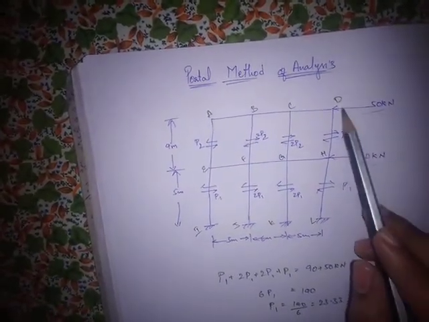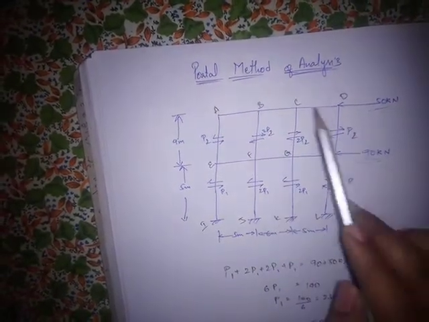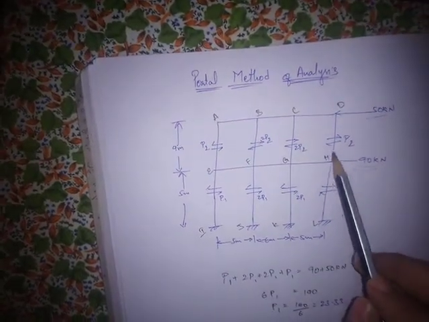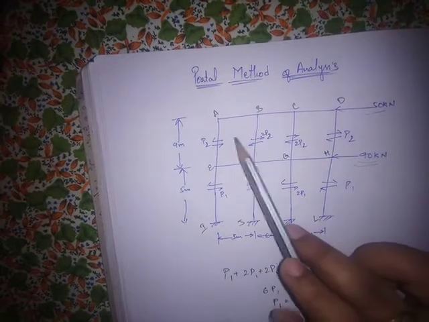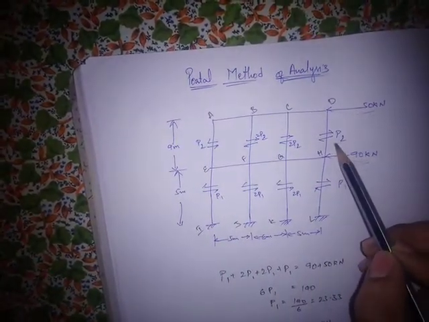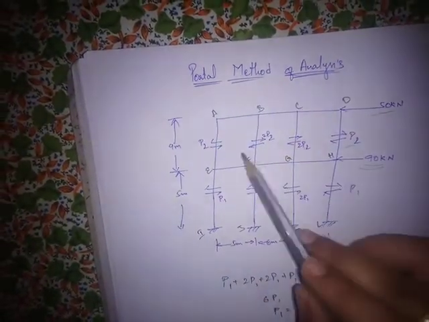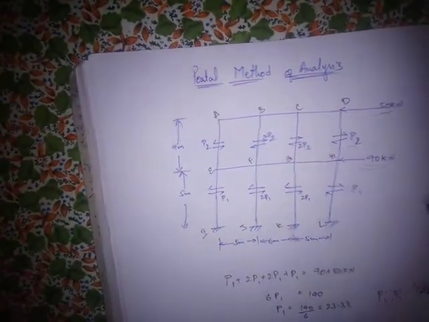Due to the load acting on this story of the frame, some column shears develop in each column. For the external columns the column shear is P2, but for the internal columns it is 2P2. This is as per the method of analysis, please remember this.